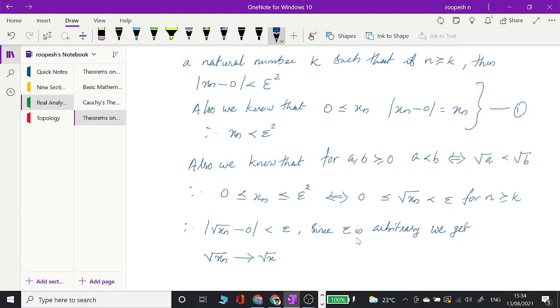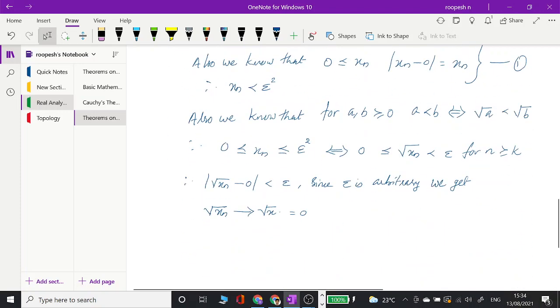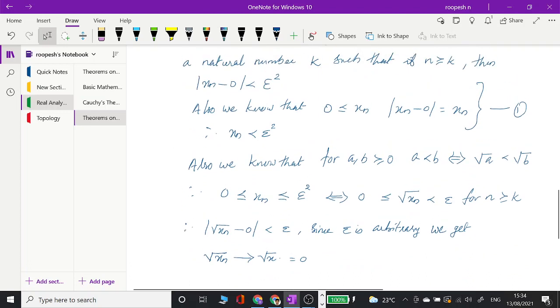What is square root of x? It is 0, since we assumed x equal to 0. That was our case 1. You remember here I started with epsilon, and in order to get epsilon here, I put epsilon squared.